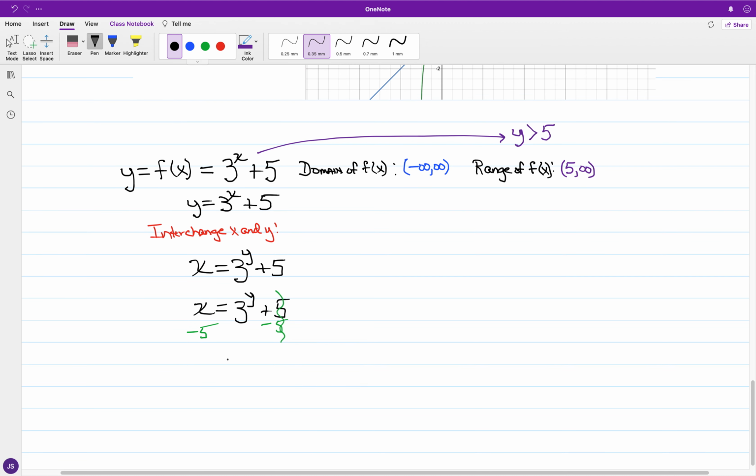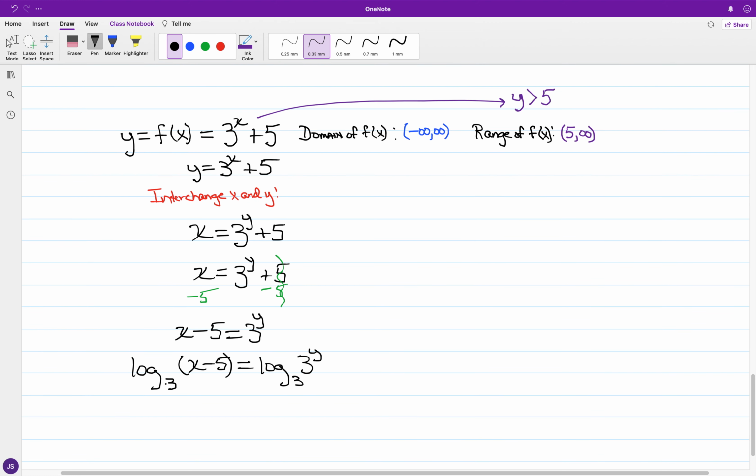we have x minus 5 is equal to 3 to the y. And again, just taking care of 3, if I apply the base 3 logarithm to both sides, you have the base 3 logarithm of the quantity x minus 5 is equal to the base 3 logarithm of 3 to the y.